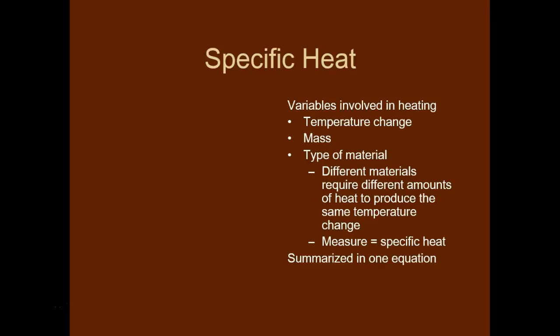But the other thing that matters is the type of material. Different materials require different amounts of heat to produce the same temperature change. In this little experiment we did at a physics meeting one winter, one team had brought in a device.